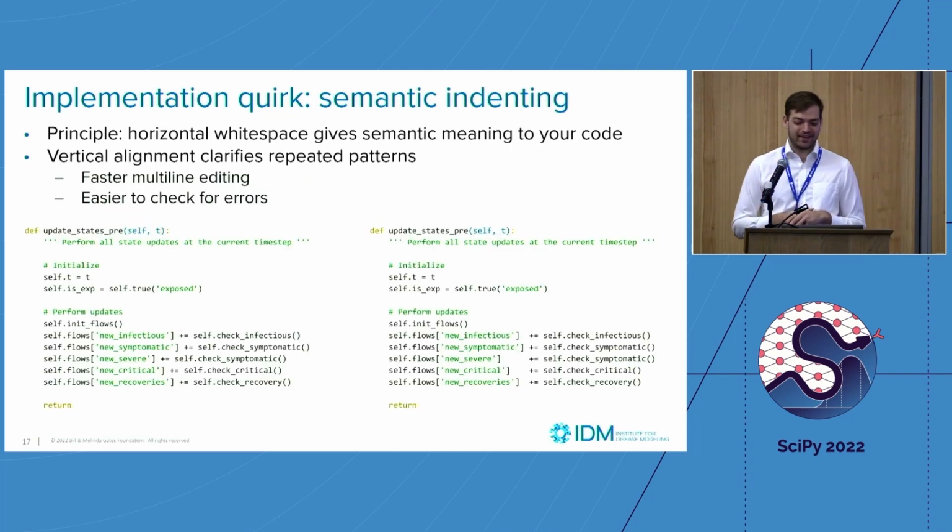Another one is an actual example. We had a bug, and it took us a while to find it. Generally in the code base, we use what we call semantic indenting, which is that we vertically align things where there's a logical sense to what they do. We couldn't figure out why the number of severe cases was being counted incorrectly.